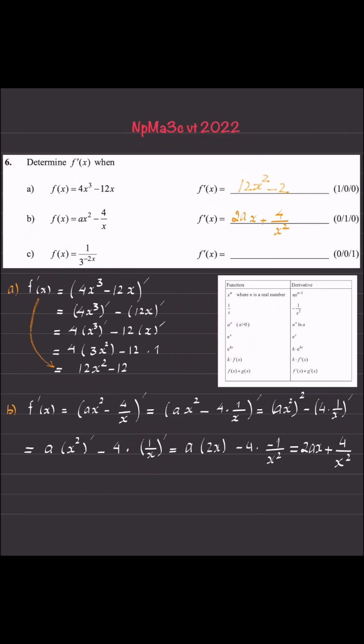So I have to compare this one with this one. But that's not exactly this, because here I have only one single x and I have this number a, and I do not have this 1 in my formula. But that is very simple. If you just remind yourself about the formula in NpMa3c, you know what to do.